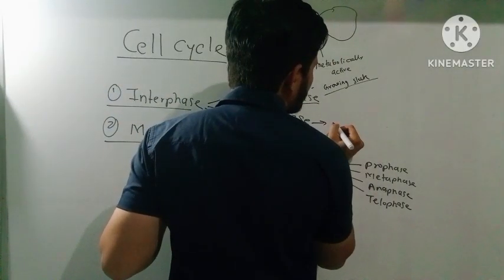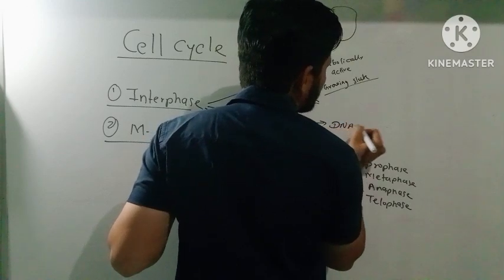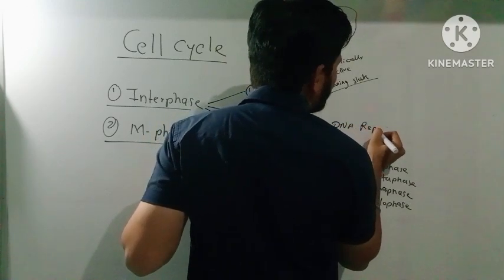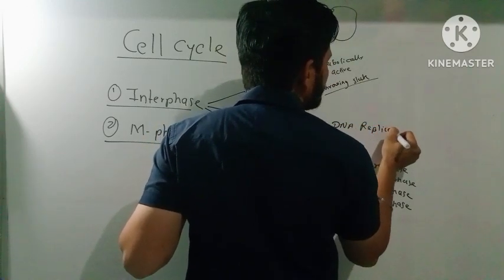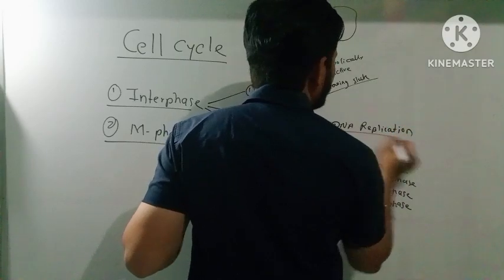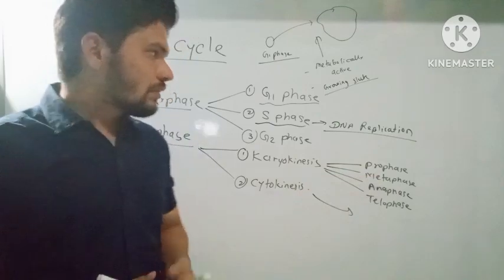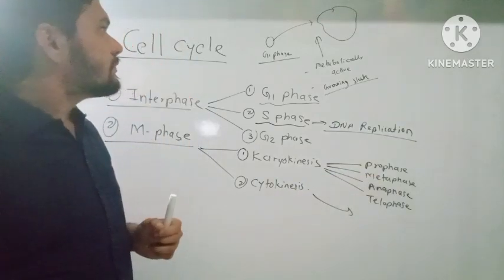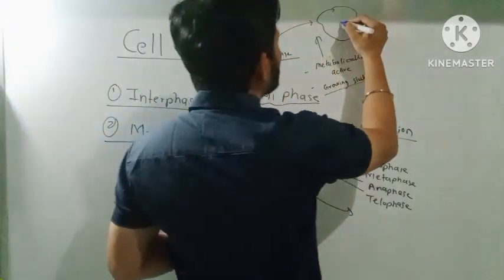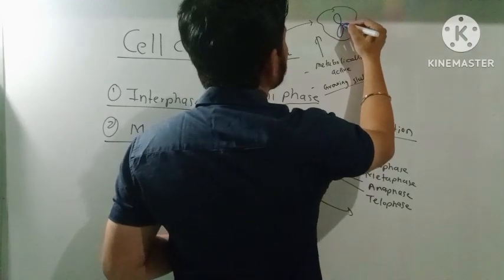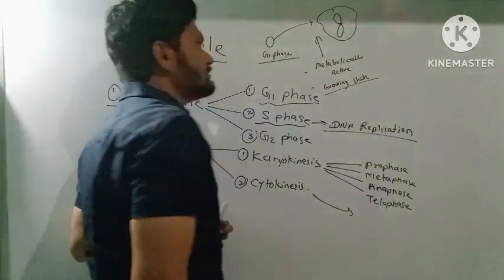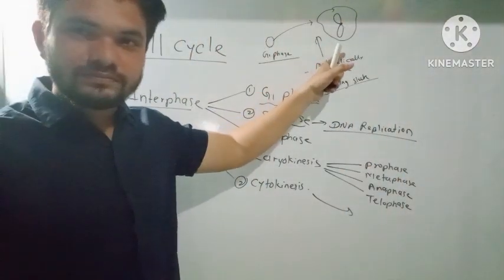So DNA replication is the most important process which takes place in the S phase of the cell cycle. What will happen is the cell has chromosomes which look something like this in the G1 phase.